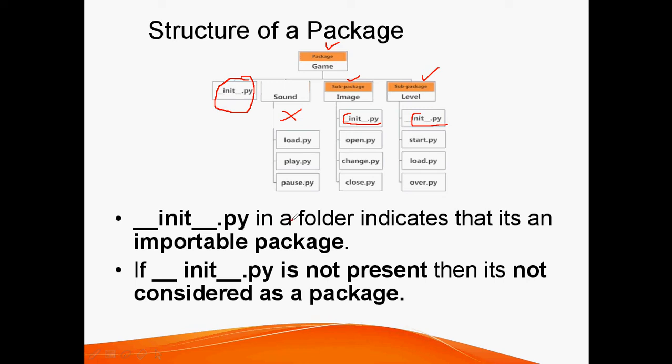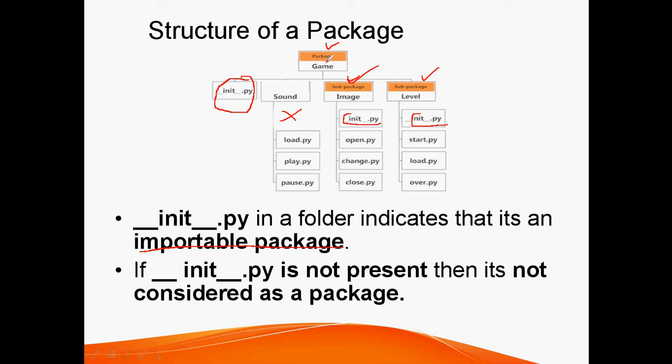__init__.py in a folder indicates that it's an importable package. If you can see __init__.py in a folder, then you can say that this particular package is importable. You can import it. That means import image. This way you can import this particular package.